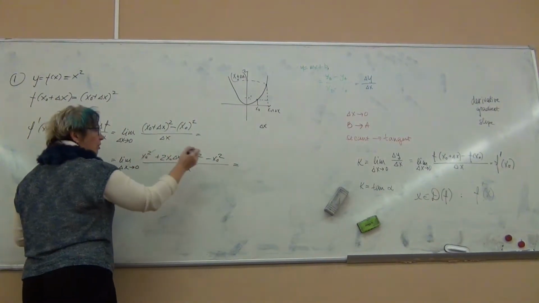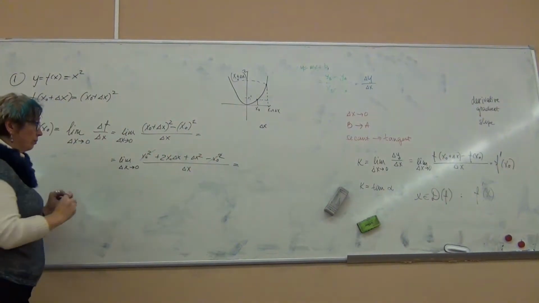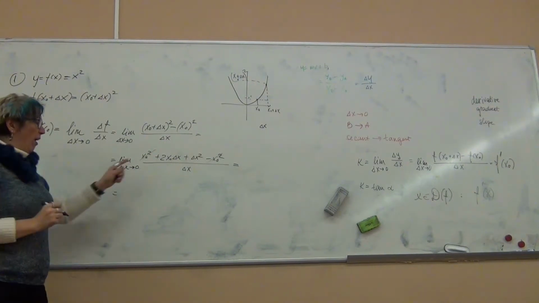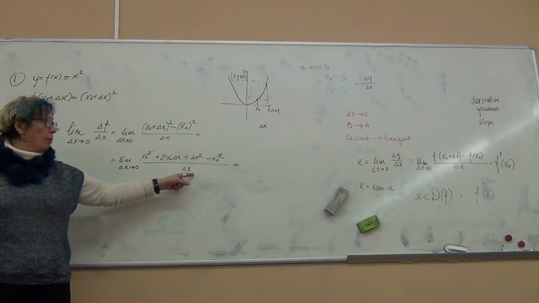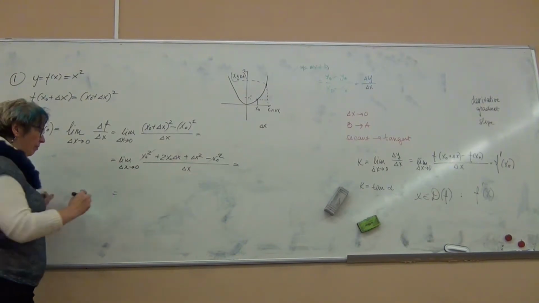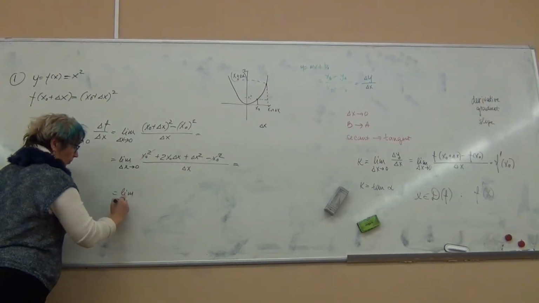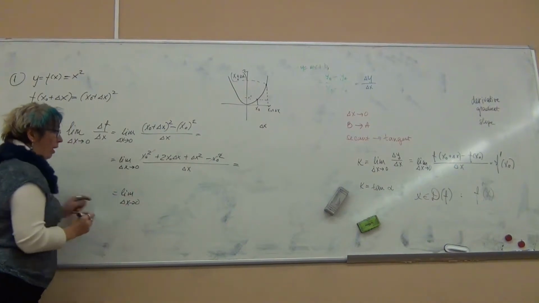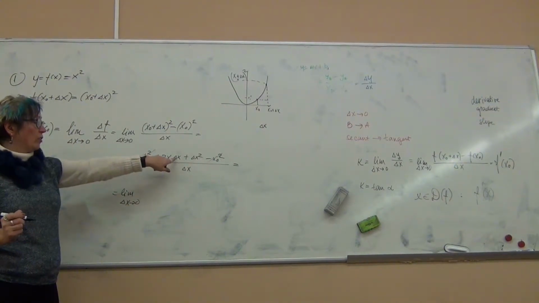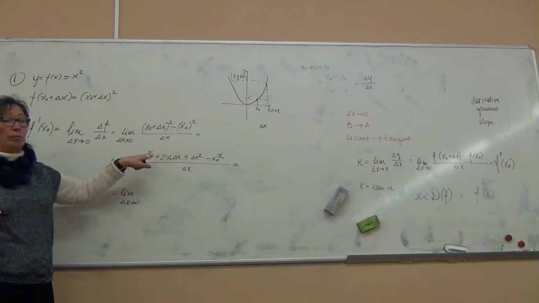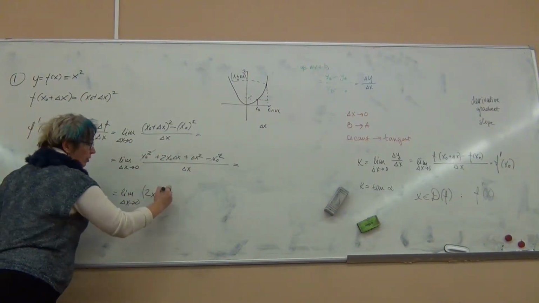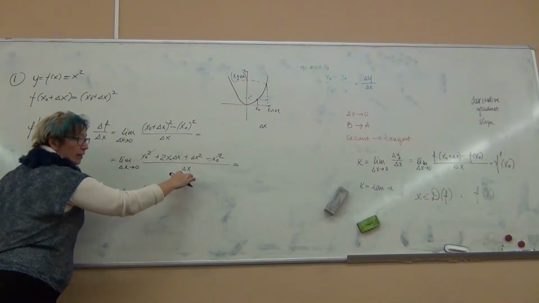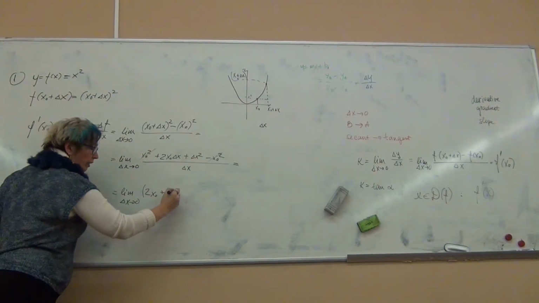Now we see these two cancel out. And if we divide the remaining part by delta x, we have 2x0 times delta x divided by delta x, it becomes simply 2x0, plus delta x squared divided by delta x becomes simply delta x.